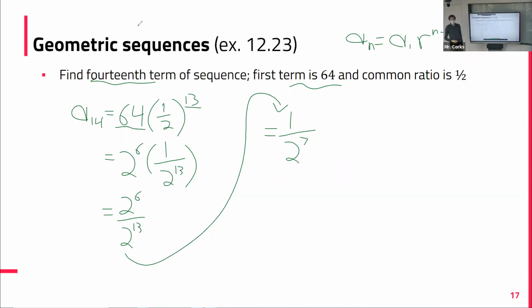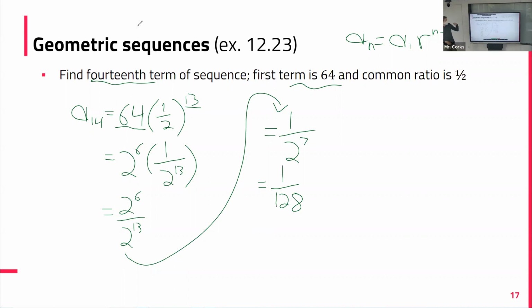And that number, 2 to the exponent 7, is 128. We already figured out 2 to the exponent 6 here, so just that times 2 again, 1 over 128.